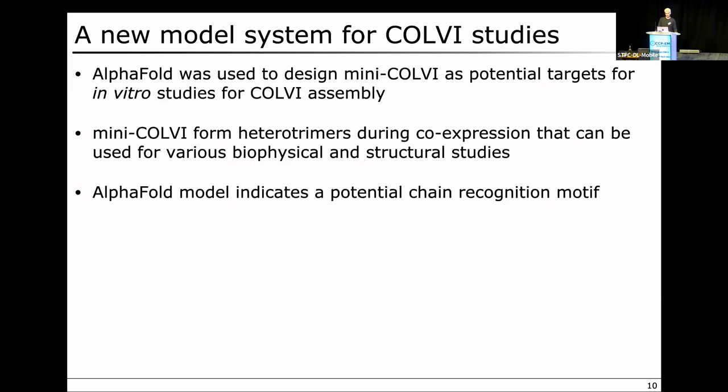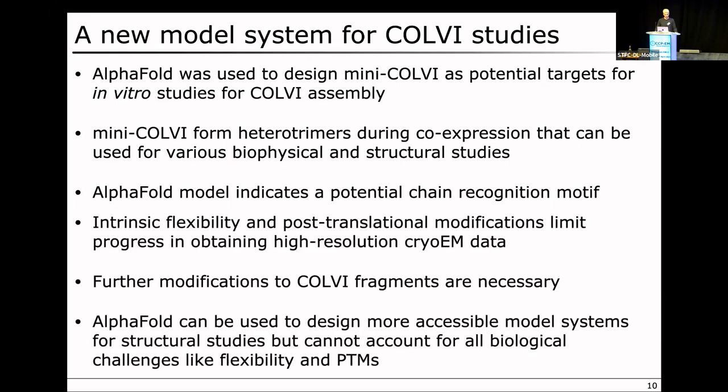And analyzing the AlphaFold model, we do see some very interesting features that might be relevant for our biological question. But nonetheless, we've seen that with the larger constructs, there's still too much intrinsic flexibility. Collagen 6 also has various post-translational modifications, and they are still holding us back from getting the high-resolution data we want. So we're working on modifications for these constructs to make that easier.